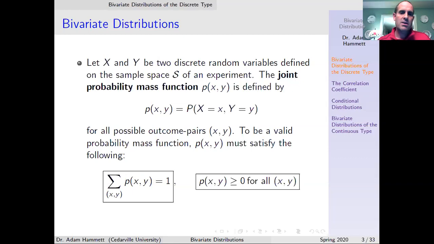That's it. And you define that little bivariate function for every pair of possible outcomes, X comma Y.